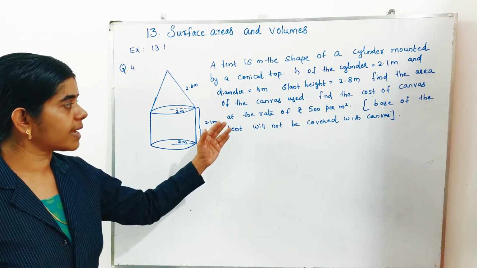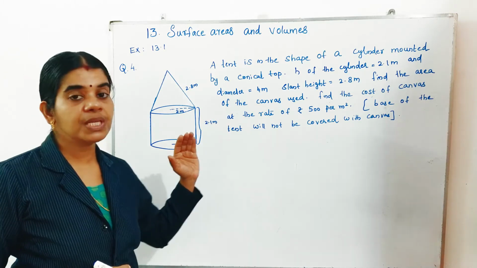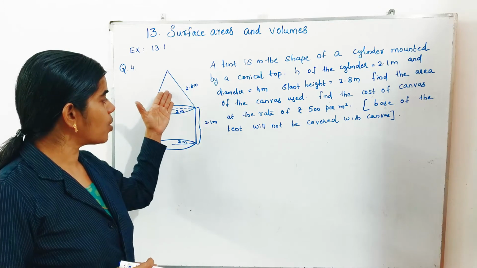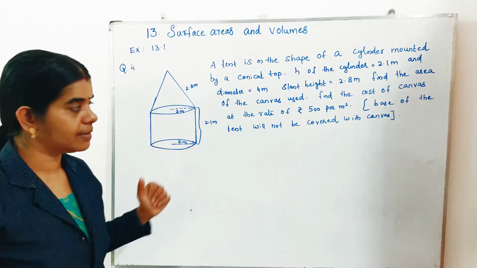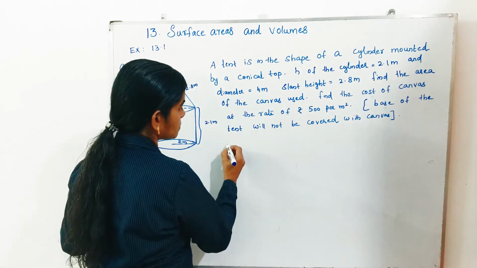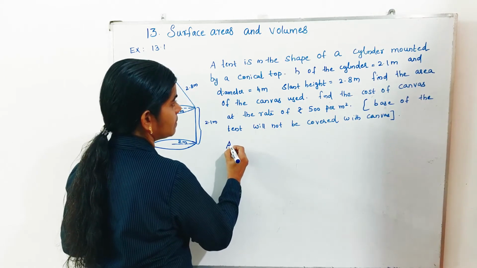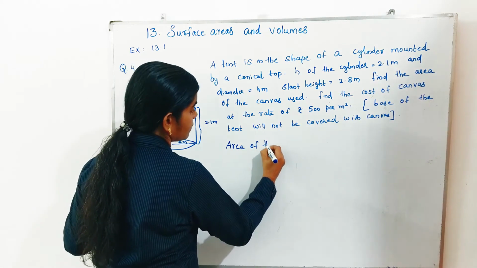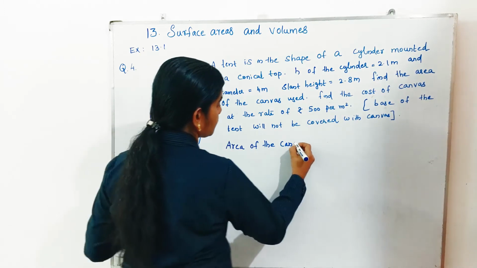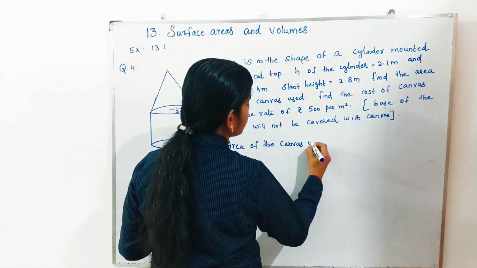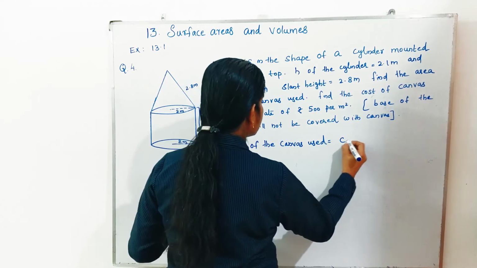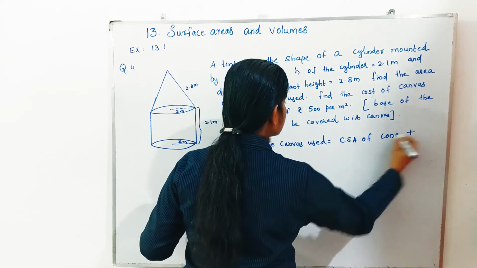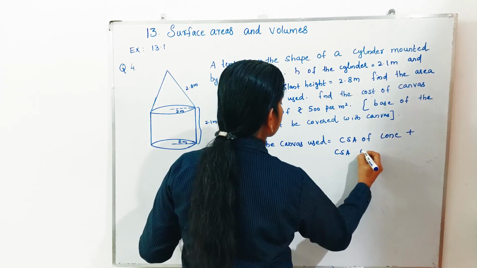So the area of the canvas used to make the tent is equal to CSA of the cone plus CSA of the cylinder.